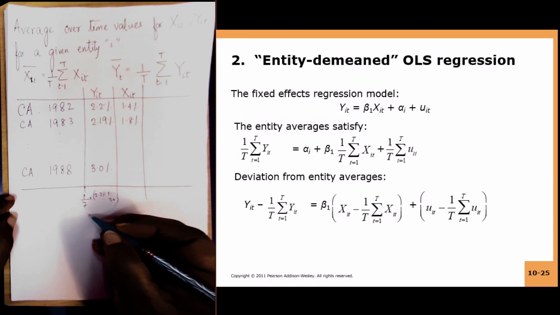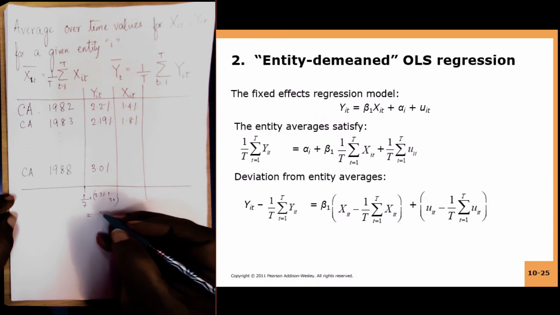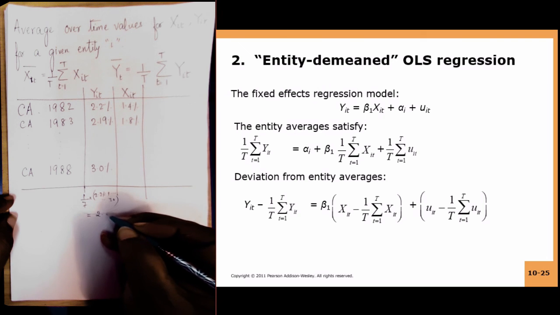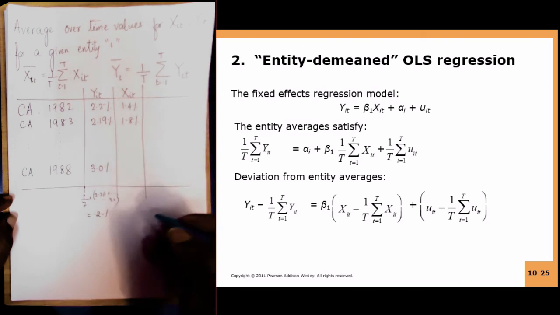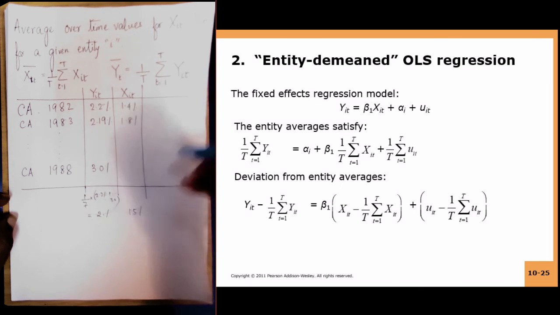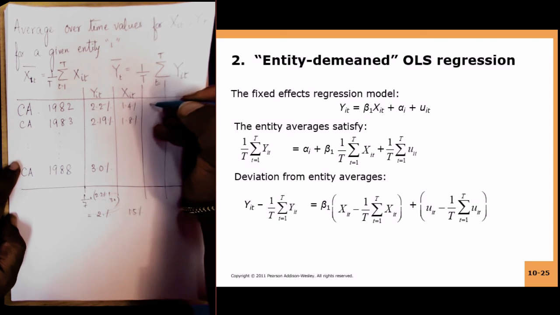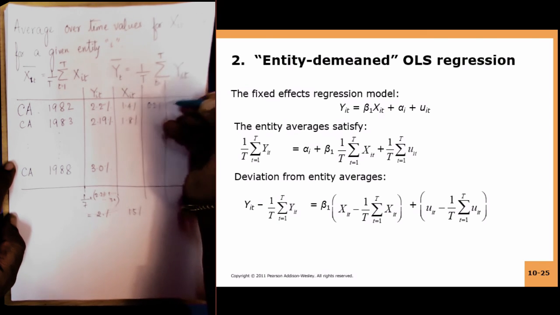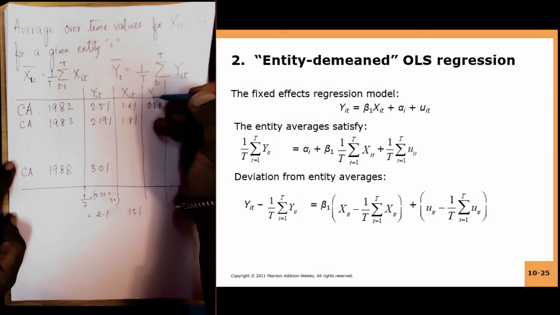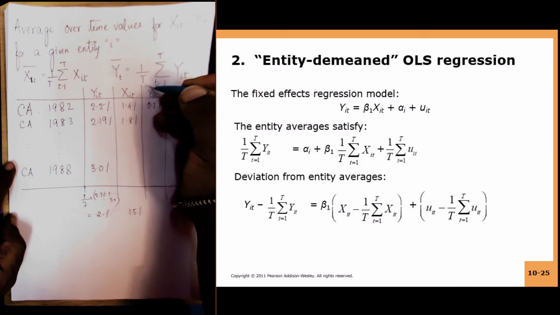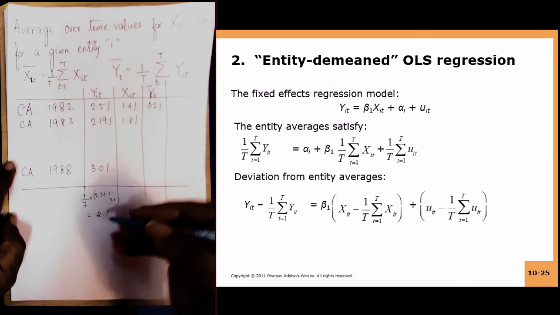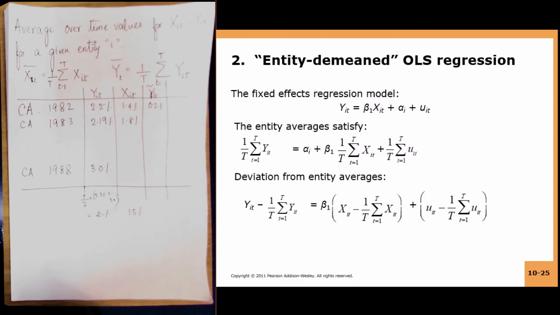So suppose your average fatality rate comes out to be 2% and your average beer tax comes out to be 1.5%. So from each case you do 2.2% minus 2%, that is 0.2%. This is called the entity demeaned value, that is you are subtracting the average. You are taking away the mean.